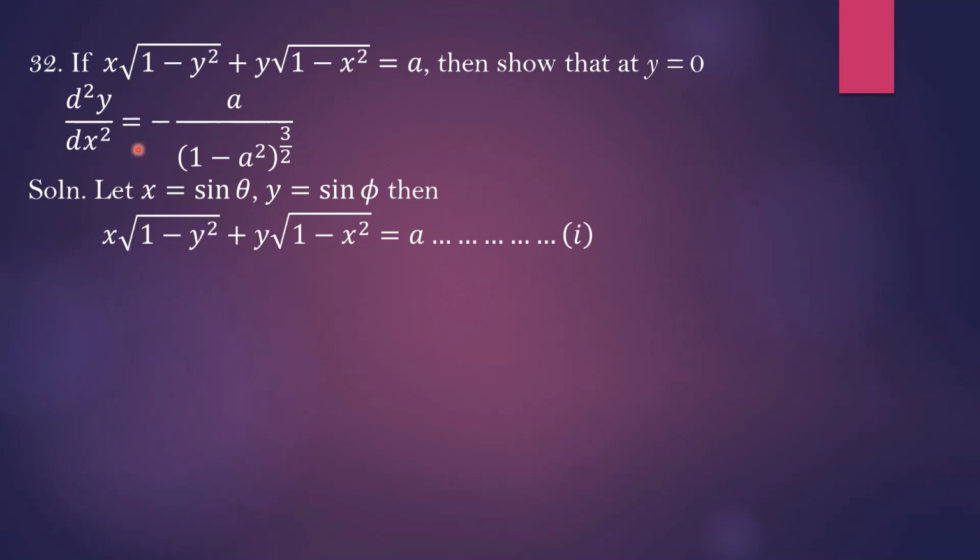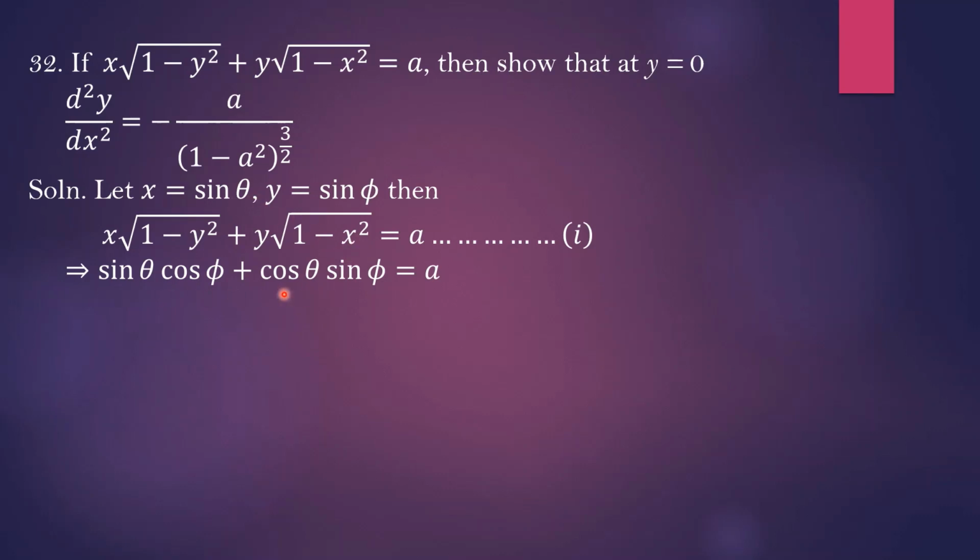So x into root over 1 minus y square plus y into root over 1 minus x square equal to a. This will imply x is sin theta, y is equal to sin phi, so 1 minus sin square phi, and then root over will be equal to cos phi, and here y is equal to sin phi is there, and root over 1 minus sin square theta will be equal to cos theta.